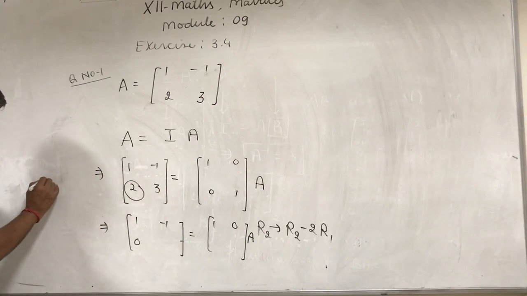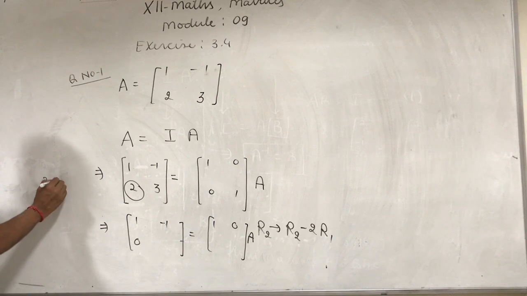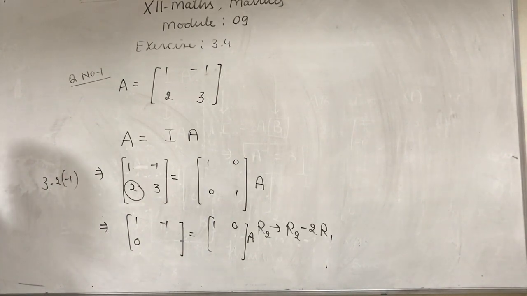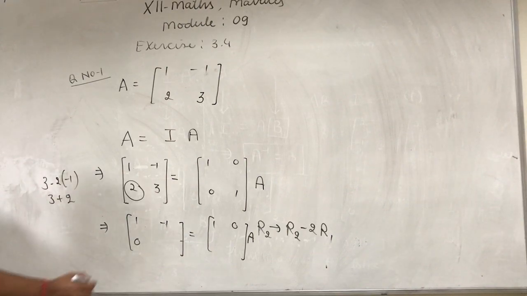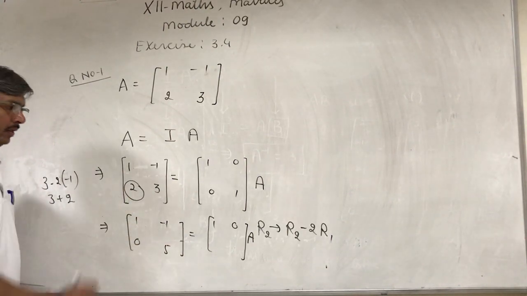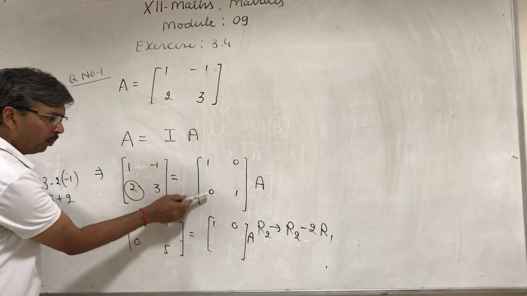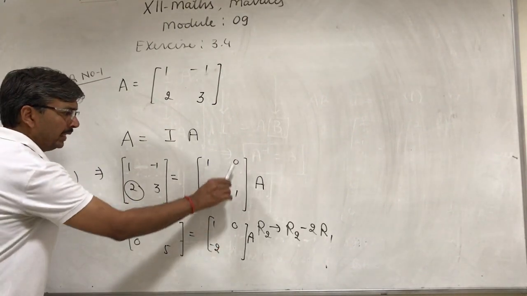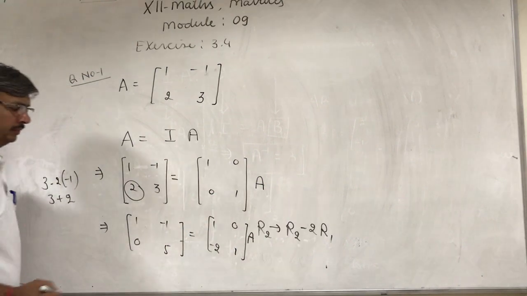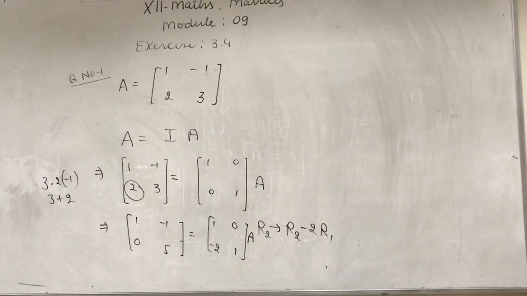And 3 minus twice of R1, this will become 3 plus 2, 5. And here 0 minus 2, minus 2. 1 minus 0, 1. This is our first operation.